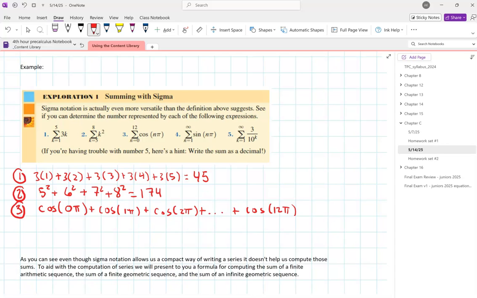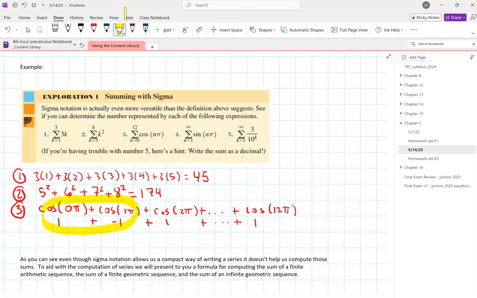I remember from trigonometry, cosine of 0 is 1. Cosine of pi is negative 1. And cosine of 2 pi is 1 again. In fact, all the cosines of odd multiples of pi are negative 1, and all the cosines of even multiples of pi are positive 1.